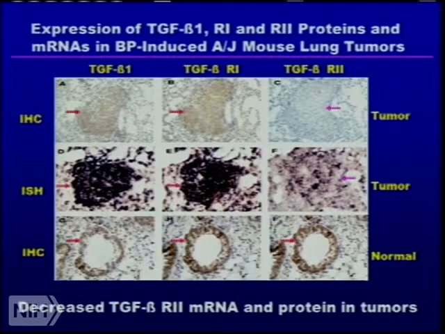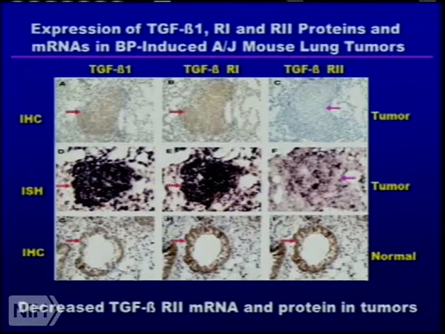We also treated these mice with benzpyrene, another lung carcinogen, and showed that essentially we see both immunohistochemical staining for the type 1 receptor and TGF-beta ligand, and in situ hybridization to the mRNAs for these proteins in the tumors.